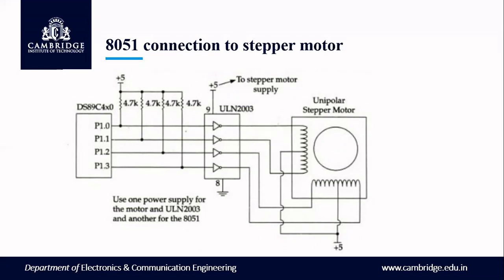In the ULN2003 internal structure, you will see a Darlington connection of transistors, which are used to drive more current, and diodes, which are used to isolate the back EMF produced in this connection.